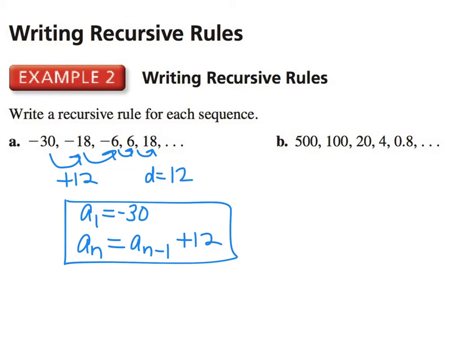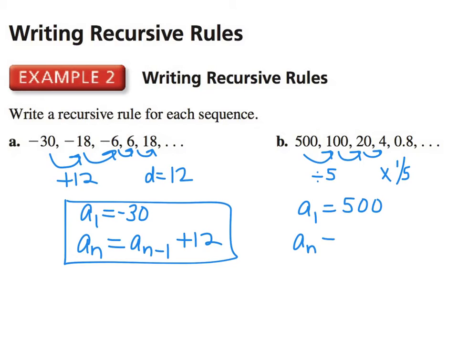That's a recursive rule. Now, on this sequence, 500 to 100 to 20 to 4, we are dividing by 5, which is the same as multiplying by 1/5. So this is a geometric sequence where we have to give the first term as 500, and then every term after that, we multiply by 1/5.